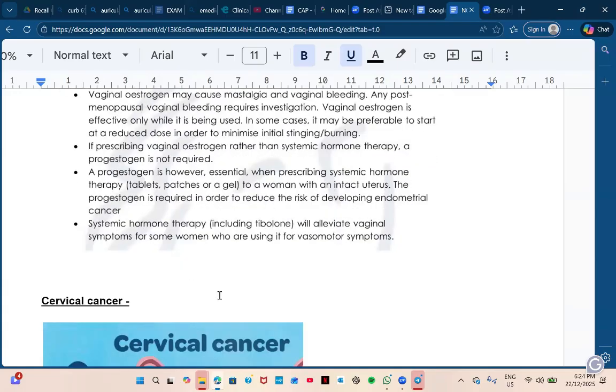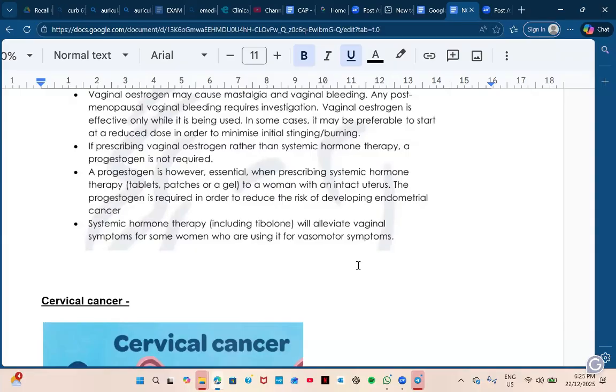And for postmenopausal women, we can think about systemic hormonal therapy, right? That's another topic. I hope you all remember that flow chart. We need to remember that one, like how we should add progesterone and estrogen cyclically or not.